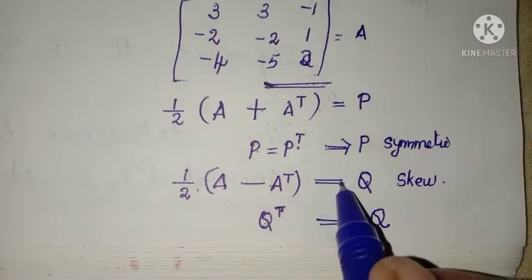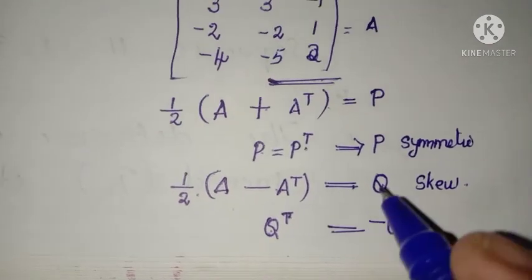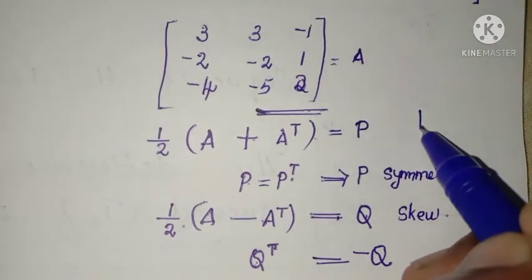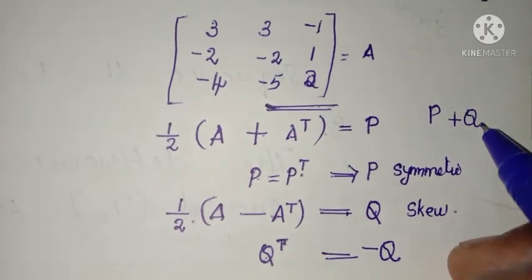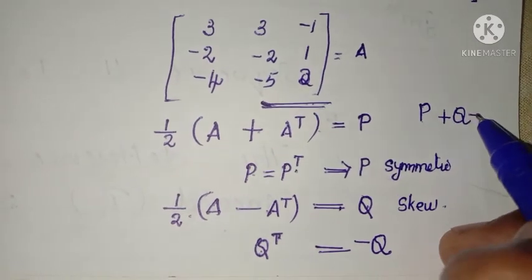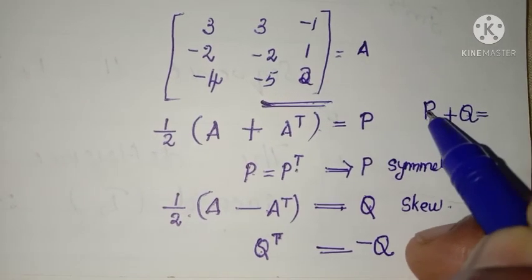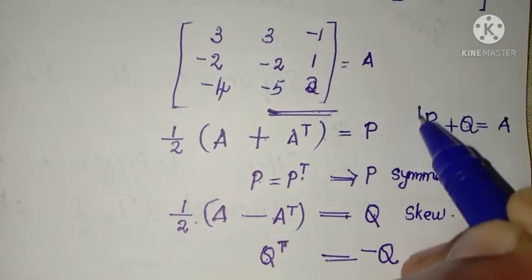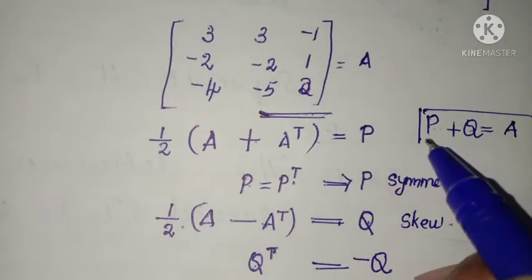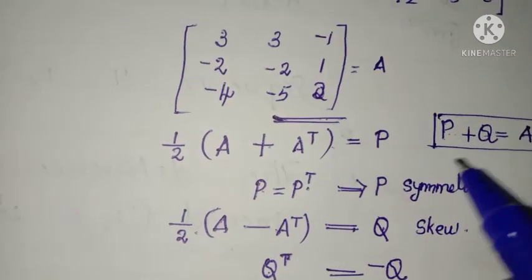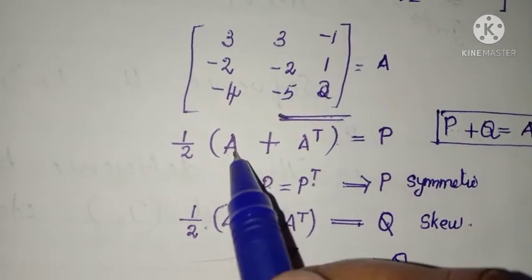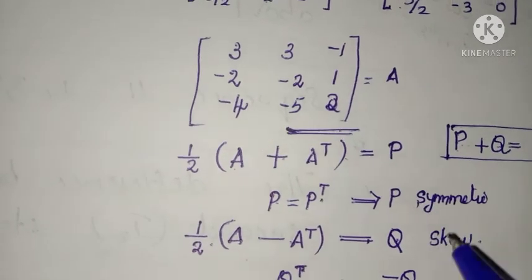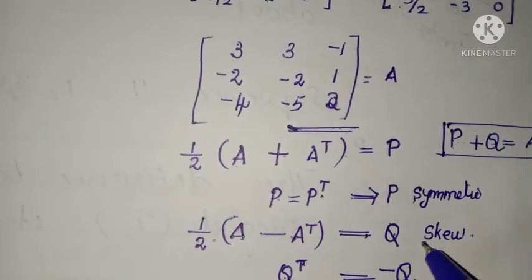This is the next step. Now add both the matrices P and Q. Now verify the sum of these two matrices is same as the given matrix A. This is the process to express any given matrix A as symmetric and skew-symmetric matrix.